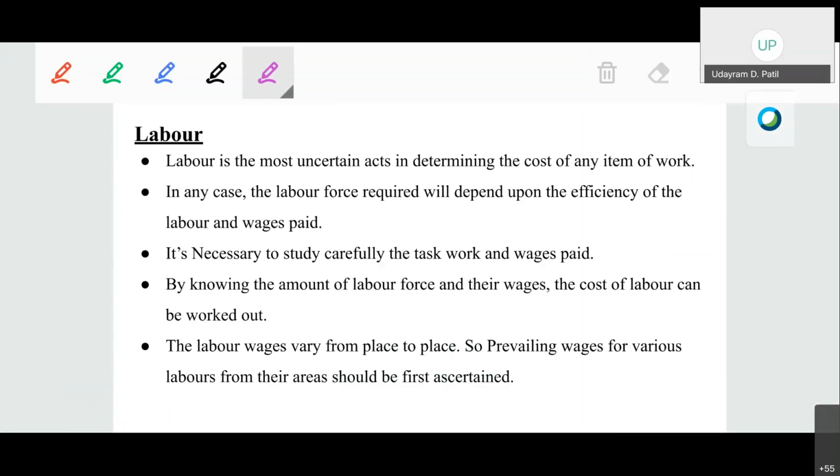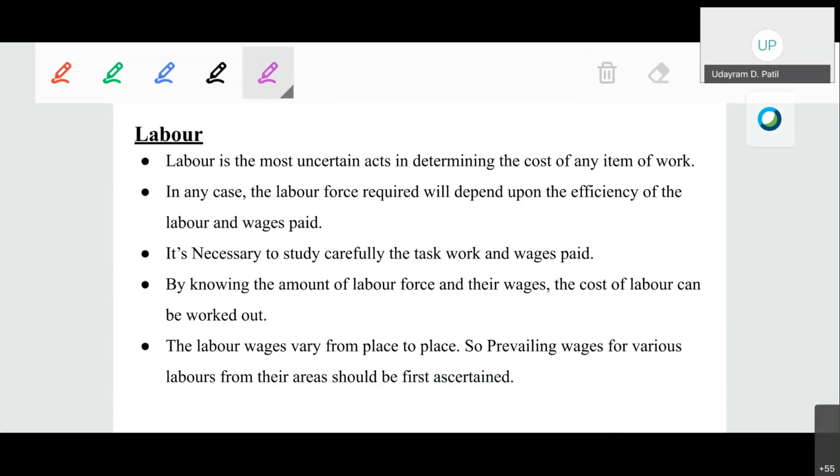In case of the materials, we can calculate the quantity of the materials required more precisely. But in case of labor, we cannot calculate the quantity of the labor required. We are most uncertain. In the whole estimate, the most uncertain thing is the labor.